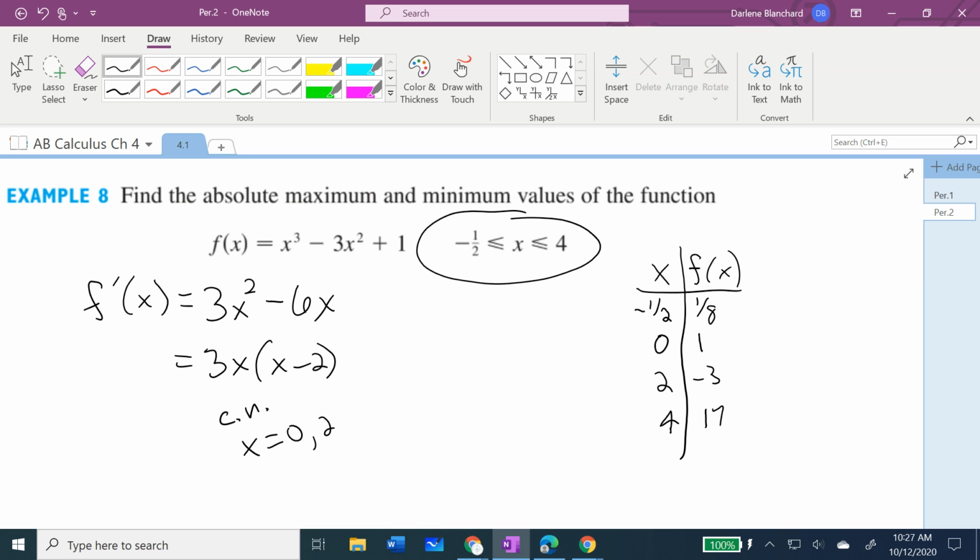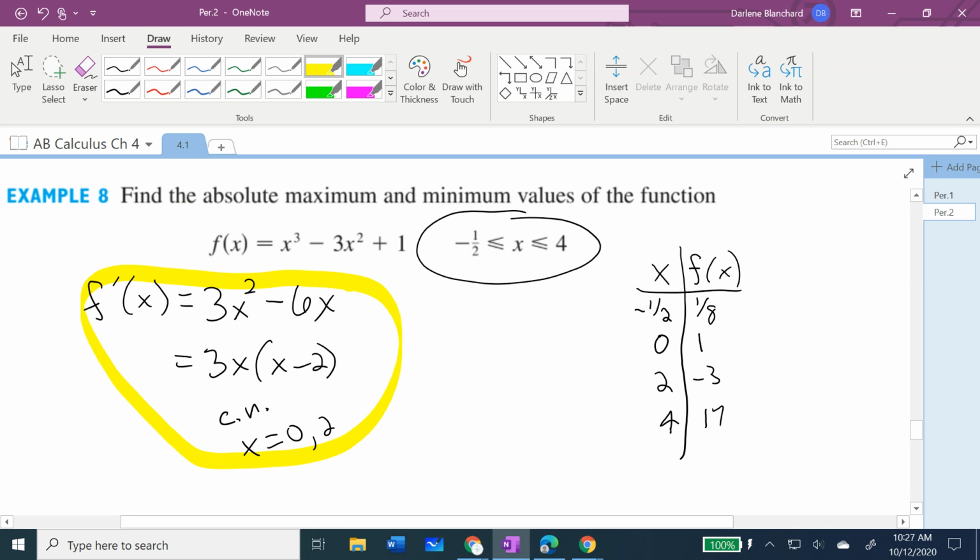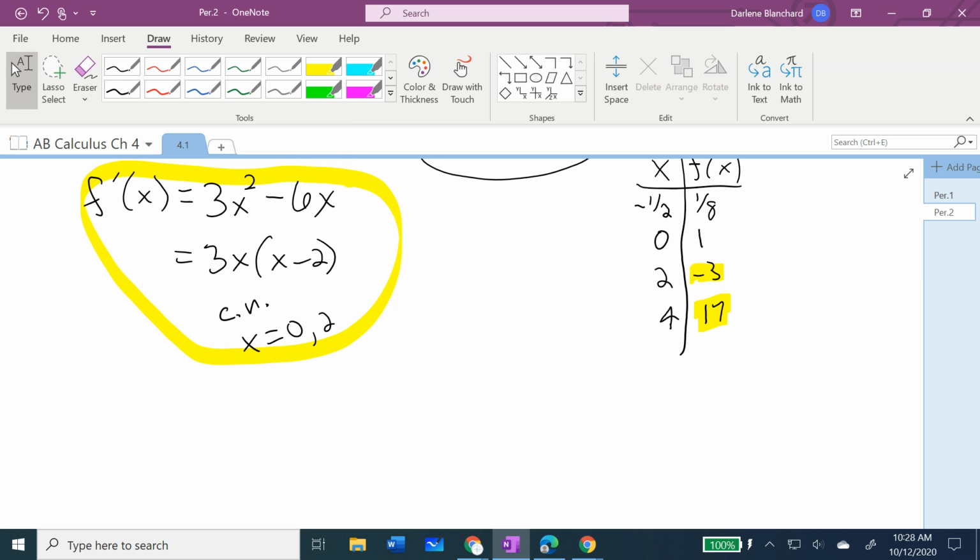This table, along with you finding the critical numbers, is full justification to, at this point, claim -3 is the smallest number, 17 is the largest number. So the absolute minimum.